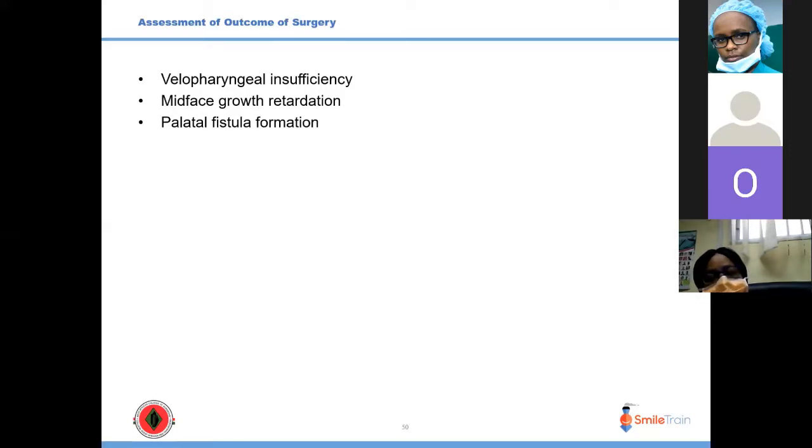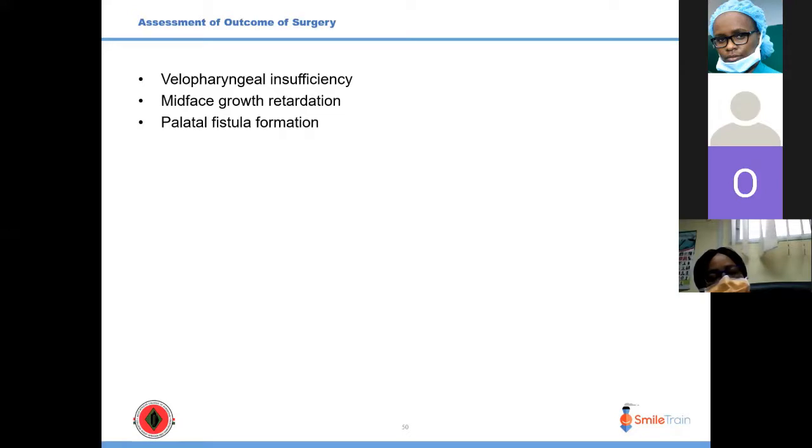The velopharyngeal insufficiency can actually be assessed clinically to some extent. When we finish our cleft repair, at the next clinic, we ask the patient to open the mouth and say ah, and we watch the length of the palate, though this is not objective where you don't have the necessary equipment.